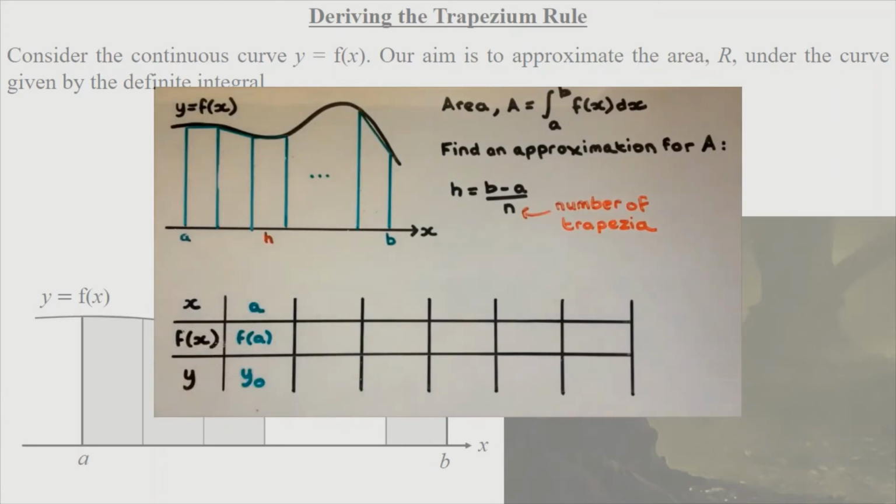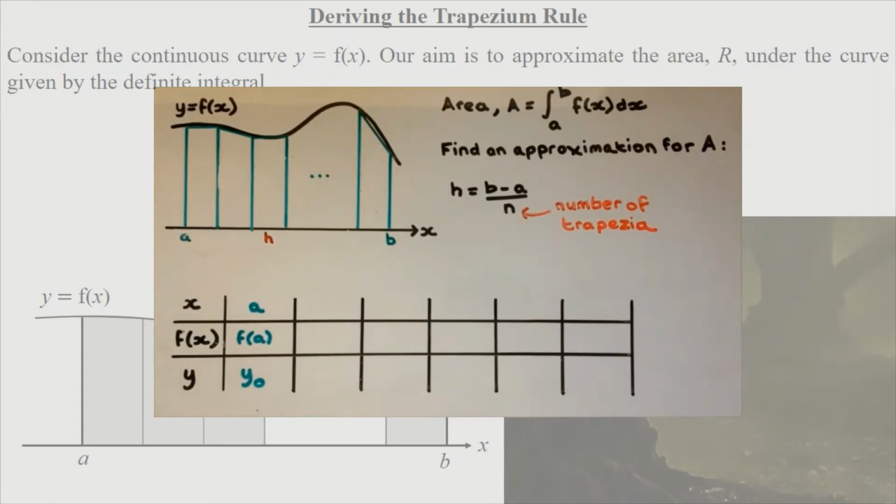This is the first y value. And we start at 0 because we want the number of trapezia and the numbering of the edges, I should say, to be in sync. If I start with y1, then we'll have to do some adjustments to the number of trapezia and the y values, and it gets confusing. So that's the first column done.